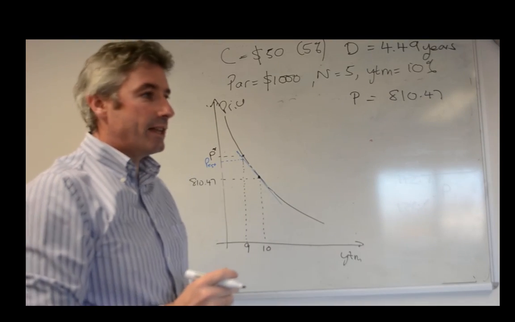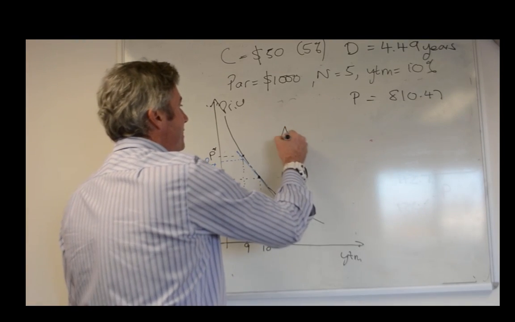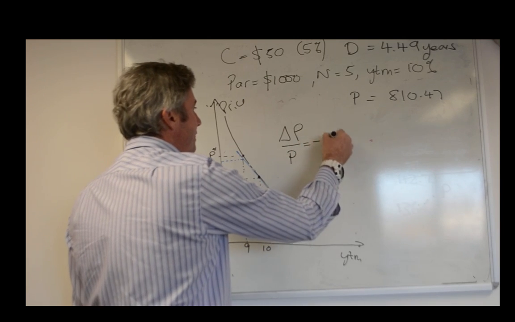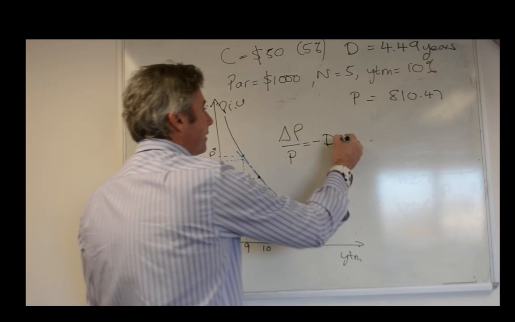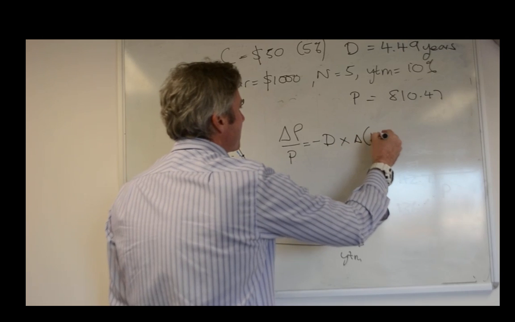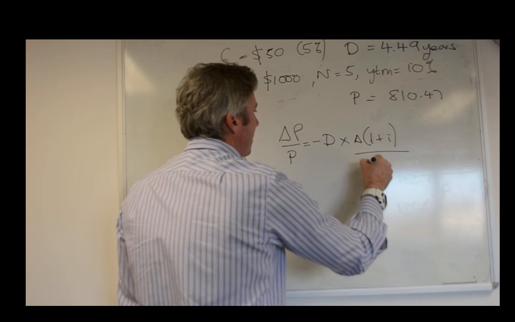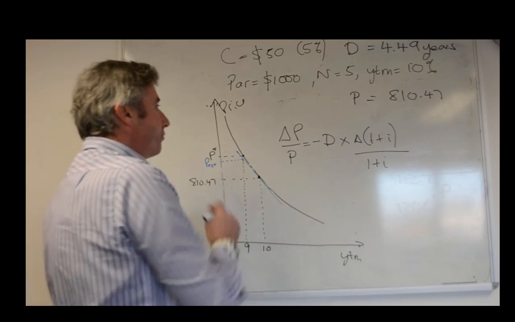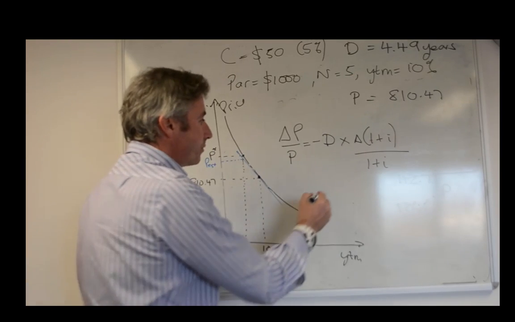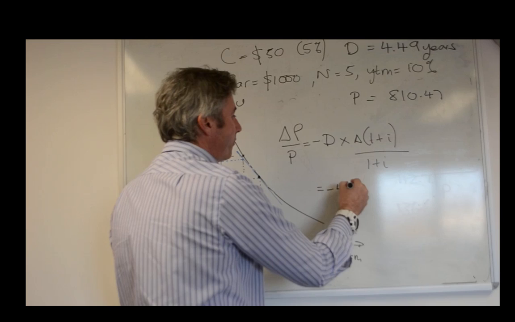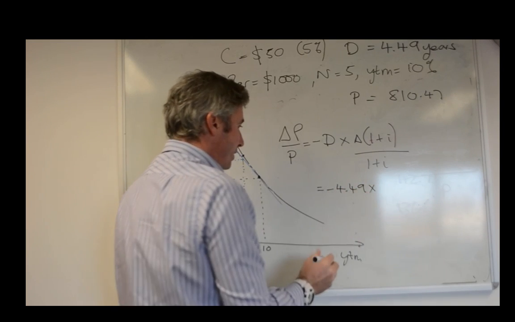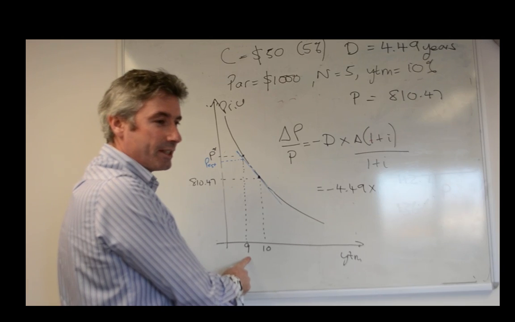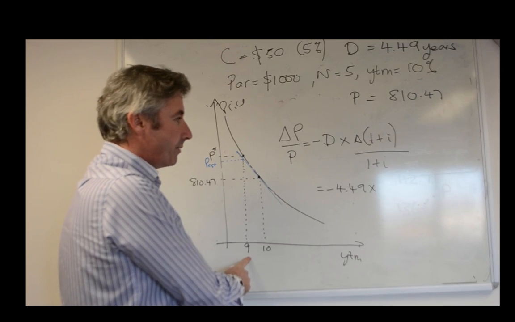So let's just find our estimated price. So we utilize this relationship. The change in price is equal to minus D times delta 1 plus I divided by 1 plus I. So we've got all of these ingredients. So 4.49, so it's going to be minus 4.49 times the change in interest rates, where we're going from 10 to 9, so the change in interest rates is minus 1%.